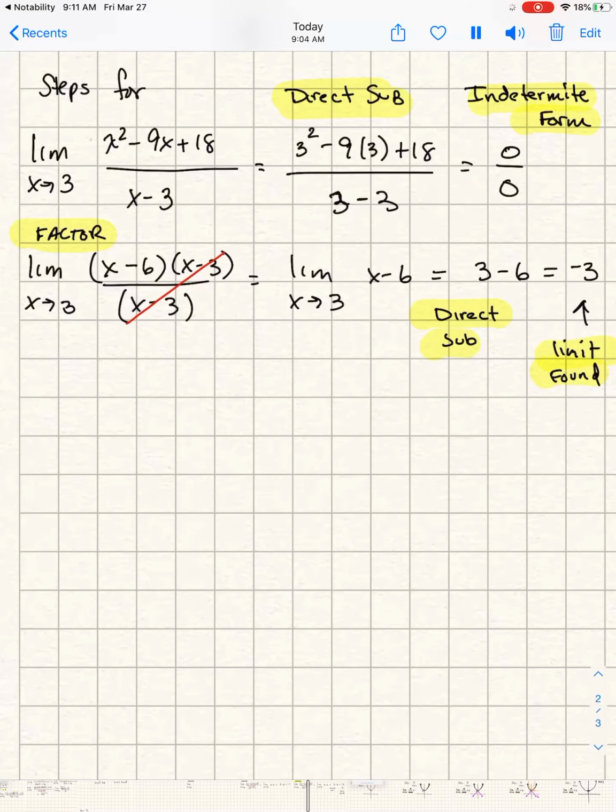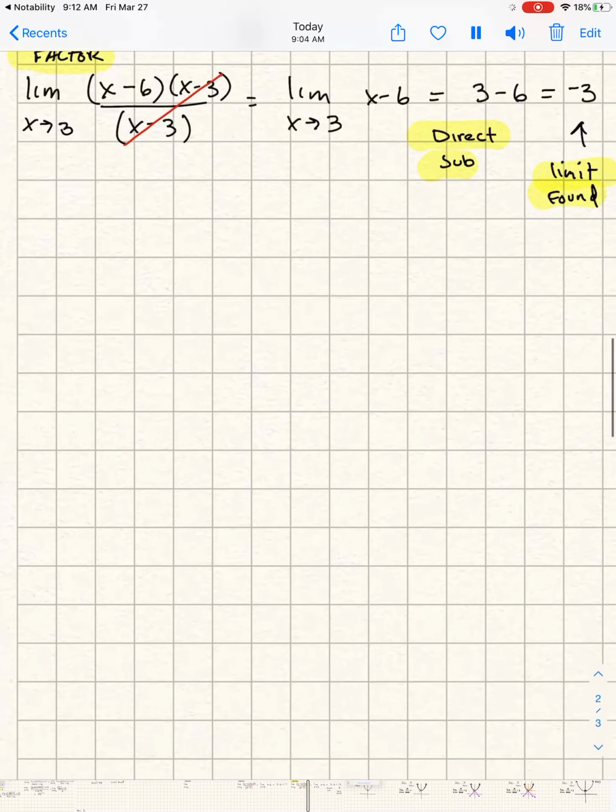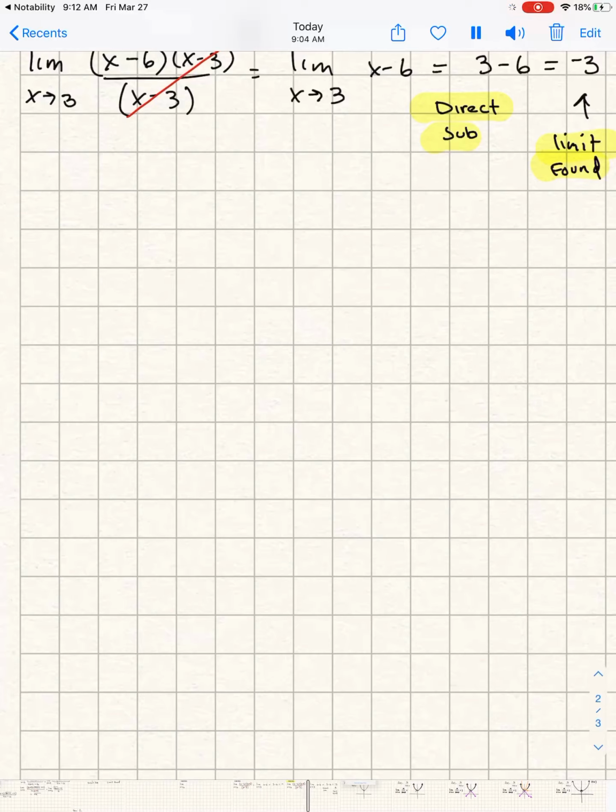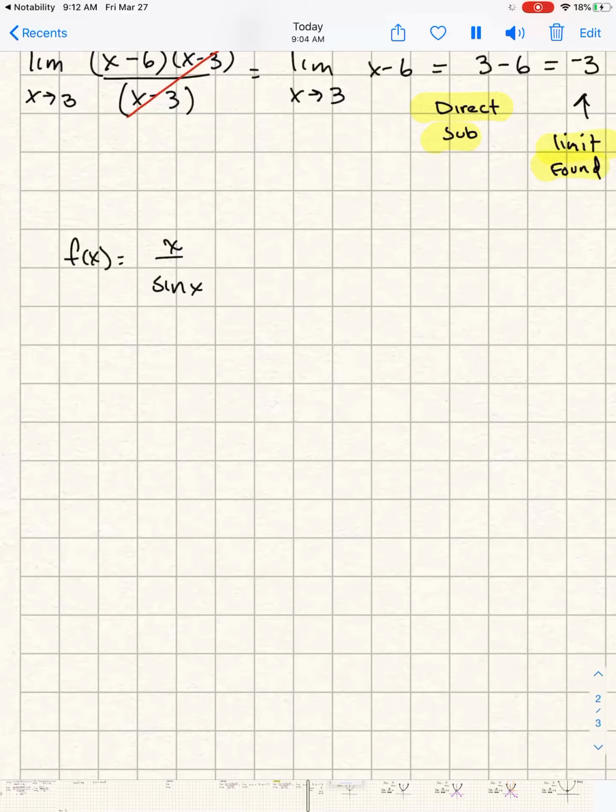Okay. The only other thing on quiz 3 that I want to go over is this squeeze theorem that they have. So if they give you f of x is equal to x over sine x, the graph of that function would look something like this.